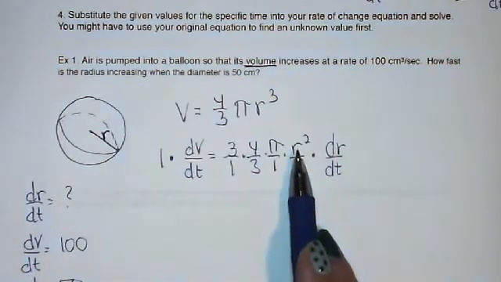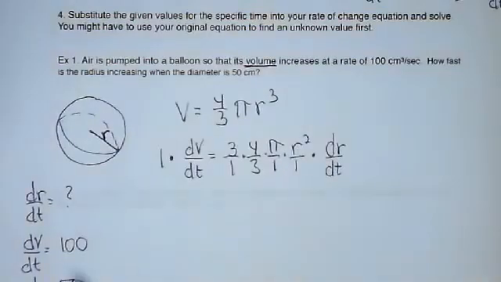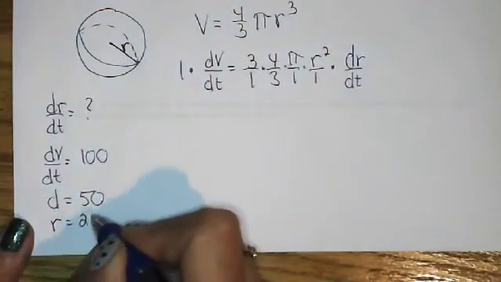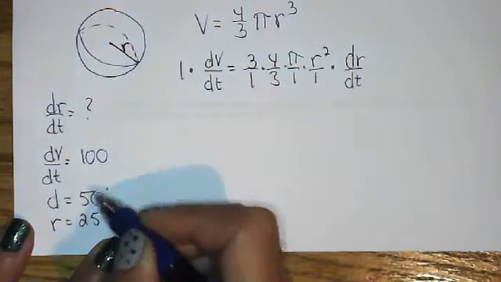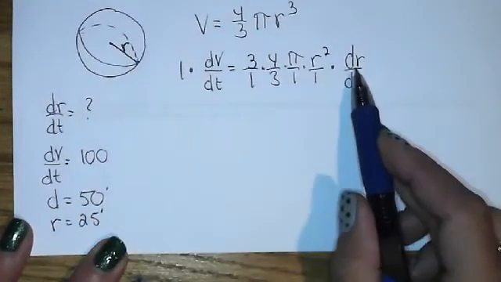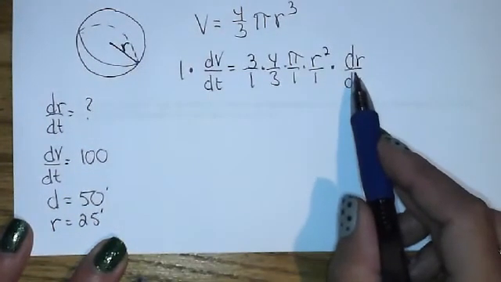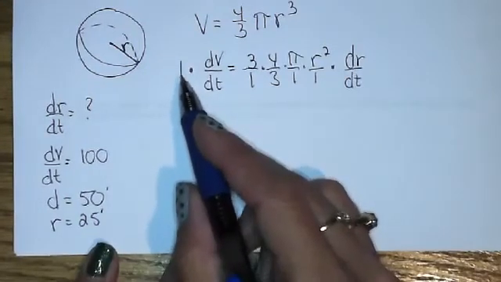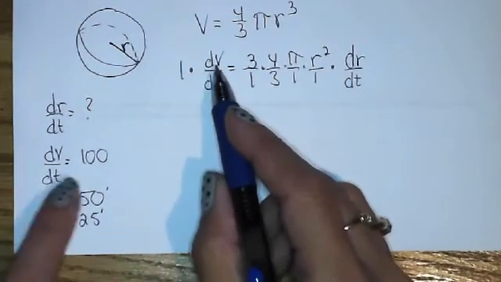If I look back in my equation, I need to know dV/dt. Got that. I need to know the radius. Well, if they give me diameter, I can get the radius at 25 feet. And then I am trying to solve for dr/dt. So it just turns into a simple algebra problem.